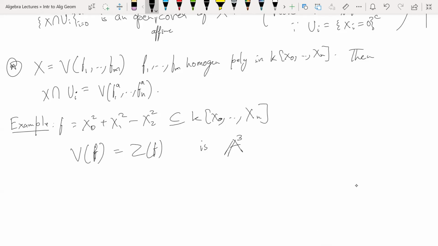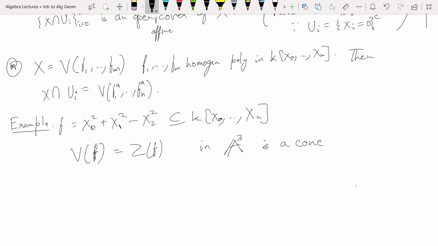If you think of it in A3, then it is a cone. And in P2 you get some curve, whatever that curve is. So we'll analyze what it is. Depending upon which open piece we look at, we'll get different curves.